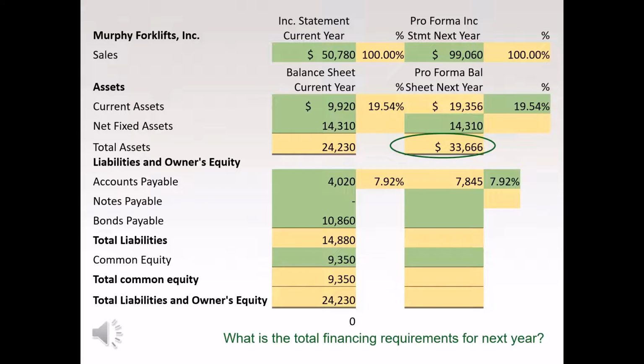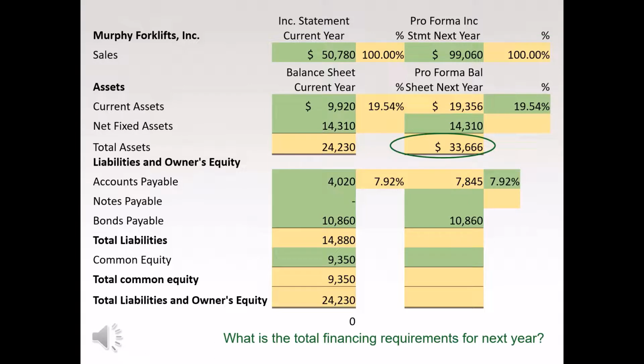That is, we take the current year's 7.92% that we calculated, that represents the relationship between accounts payable and sales. And we're going to take that number and multiply it times our next year's projected sales. So 99,060 times 7.92% will give us an accounts payable on our pro forma balance sheet of $7,845.